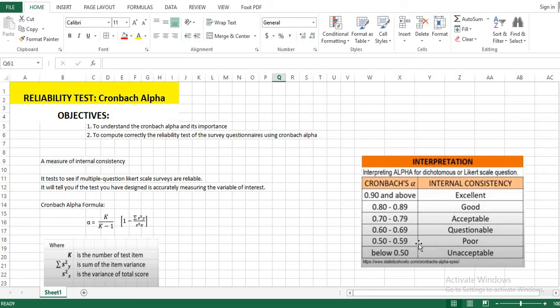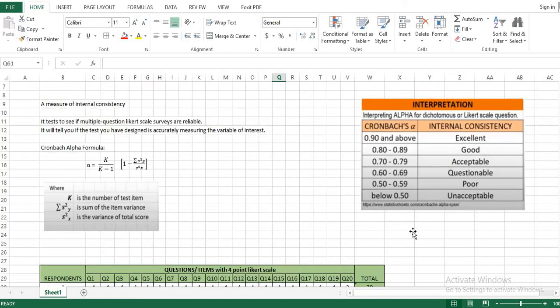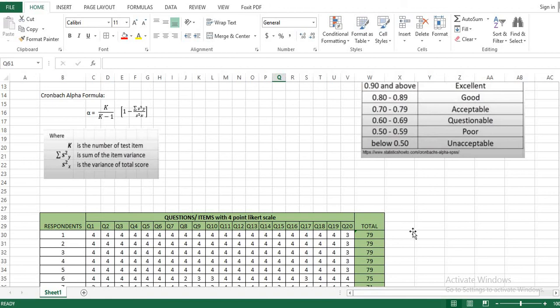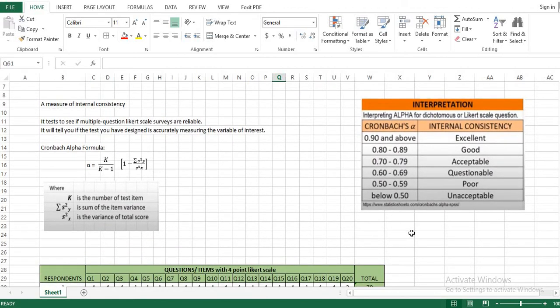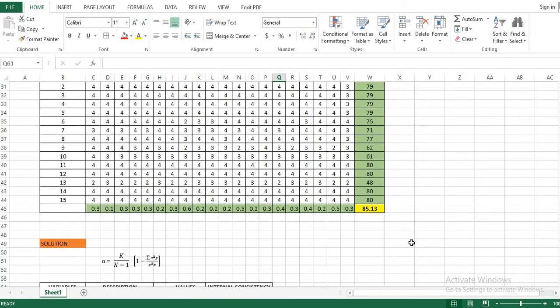So please make sure that your questionnaires are aligned with your conceptual framework. Again, please make sure that your questionnaires are aligned with your conceptual framework and of course with your statement of the problem. Okay? Again, if you have any questions, please feel free to contact me through our GC.